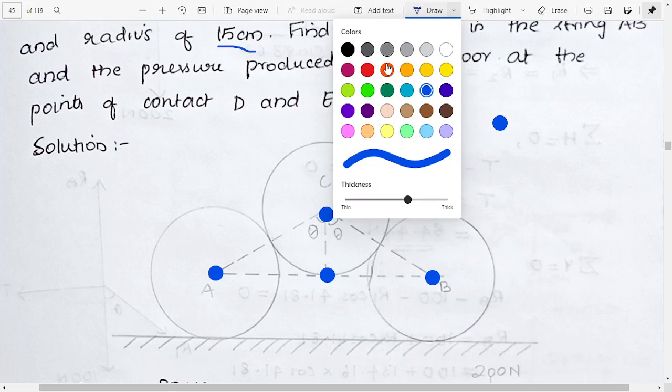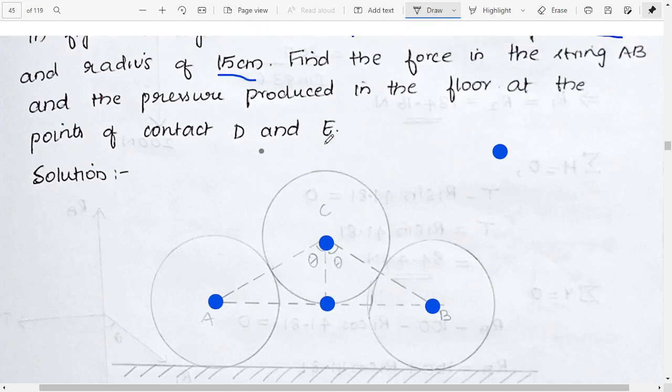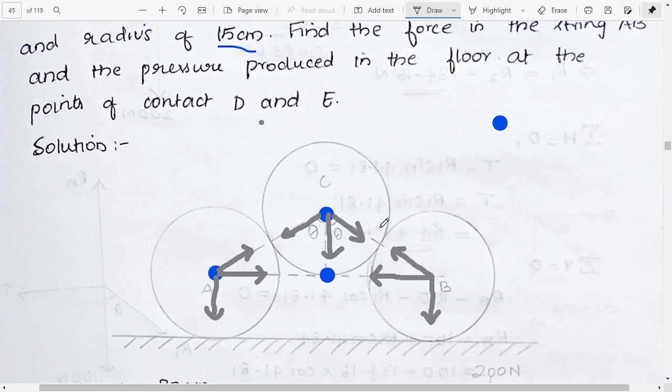Now considering the forces, we'll just draw the forces on each. We'll have reactive forces C1 and C2, then the weight of C. In the case of cylinder A, there will be reactive forces and a tensile force.